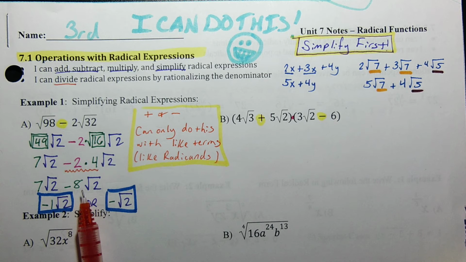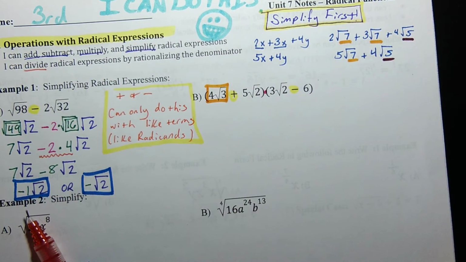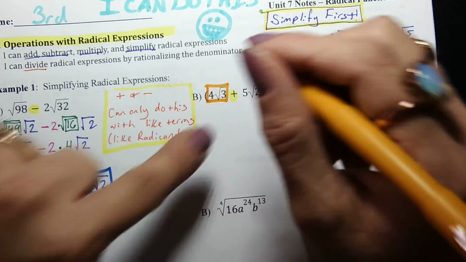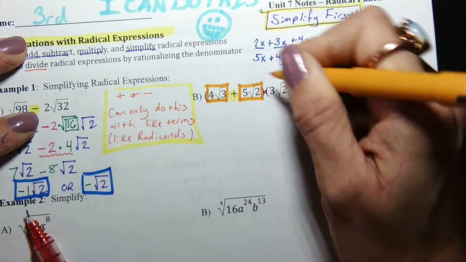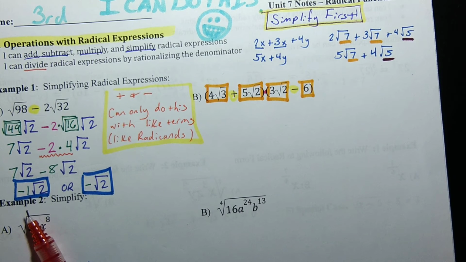How many things do I have in this expression? There are 4. So even though this first thing has a coefficient and a radical, that is one chunk, this is one chunk, that is one chunk, and that is one chunk. So how do I multiply these together? FOIL, thank you.